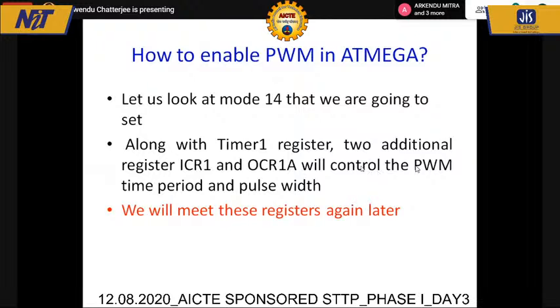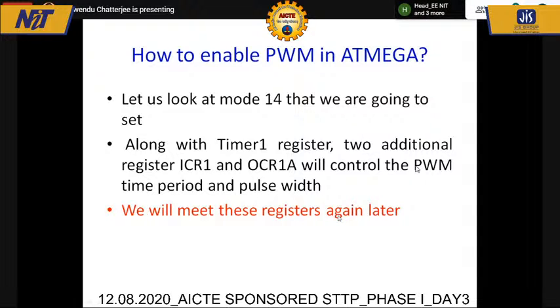Now look at the mode 14 that we are going to set. Two other registers are mentioned in the datasheet, which will be required to control the PWM time period and pulse width. We will meet these registers again later.